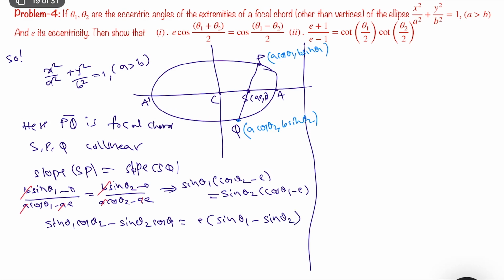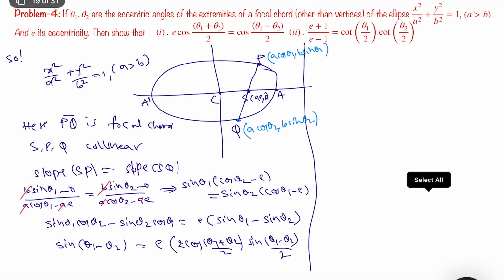This one we can write in sin A minus B form, so sin of (theta 1 minus theta 2). Now sin theta 1 minus sin theta 2, using the sin C minus sin D form, I can write 2 cos of (theta 1 plus theta 2) by 2 times sin of (theta 1 minus theta 2) by 2. Again the sin (theta 1 minus theta 2) we can write 2 sin of (theta 1 minus theta 2) by 2 cos of (theta 1 minus theta 2) by 2.